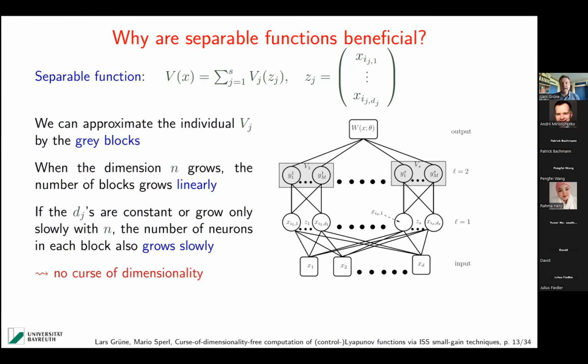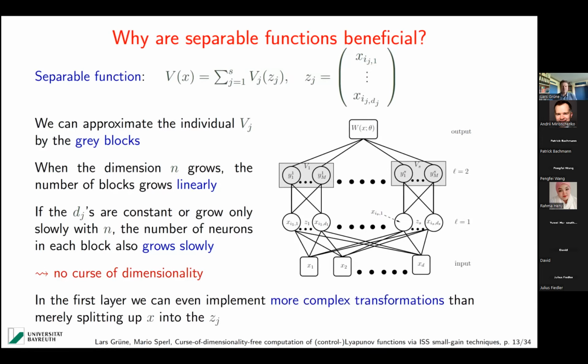This means that if you have this structure, and the dimensions of the Zj do not grow too fast with the overall dimension, then you can really beat the curse of dimensionality and express these functions with only a polynomially, with low degree, growing number of neurons, and then also computational effort.